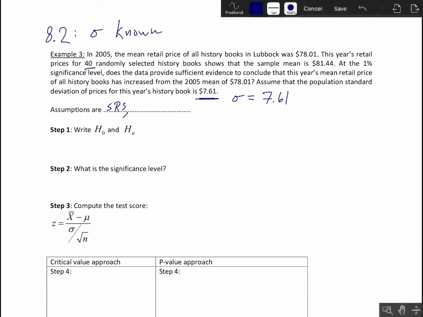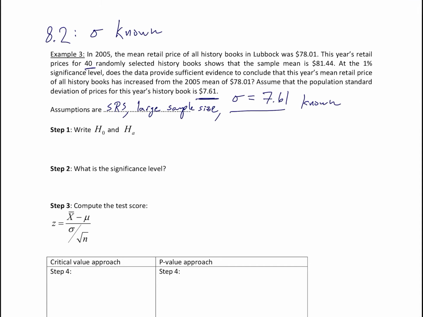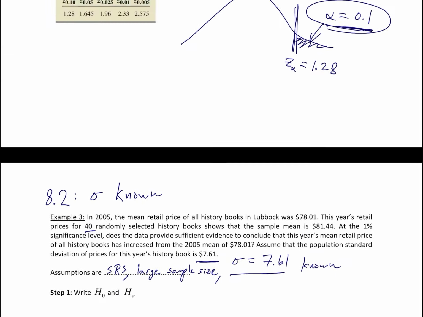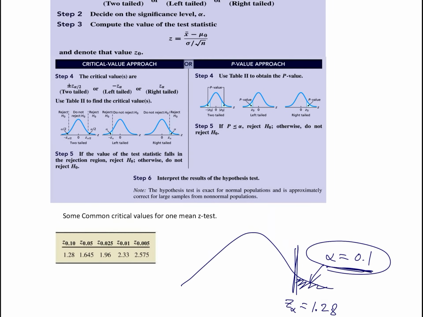Then we also need either the original distribution to be normal or a large sample size. In this case, our sample size is 40, so we do have a large sample size. And then our last assumption is that sigma is known. So therefore, we have all of the assumptions that we need on the previous page.